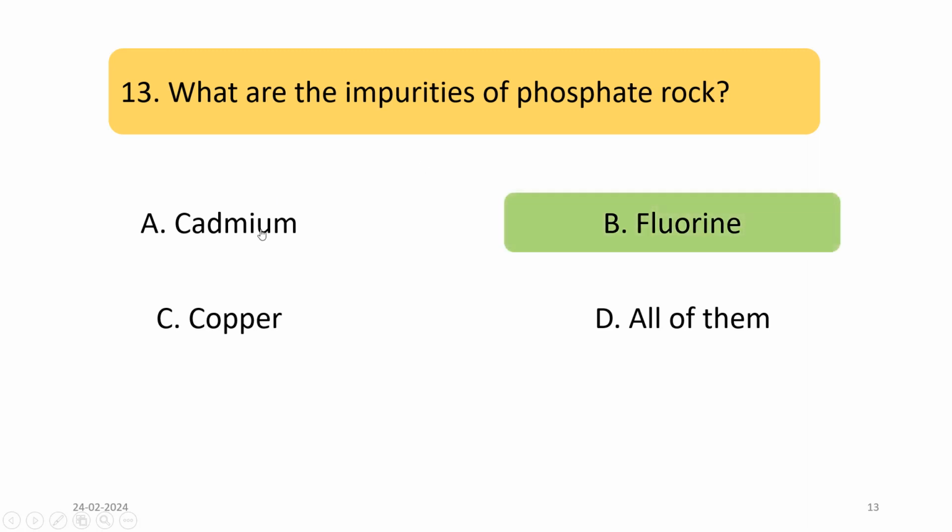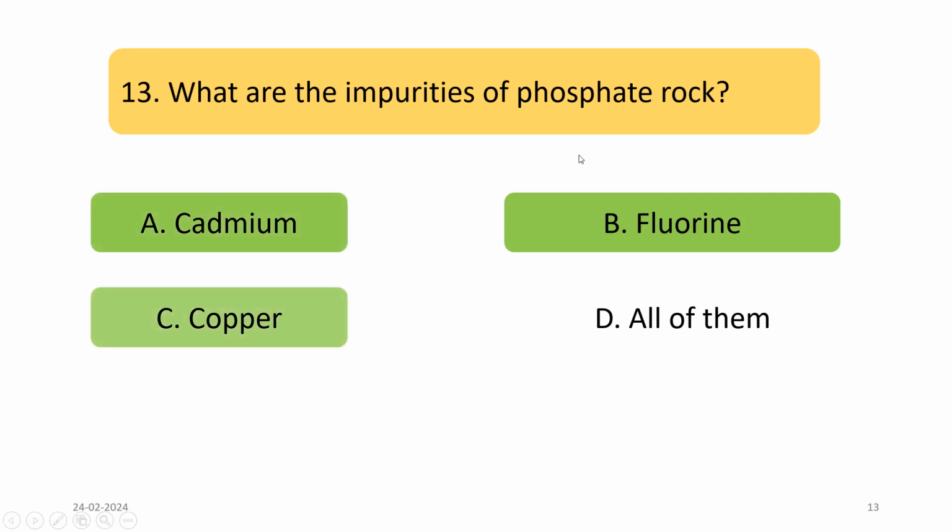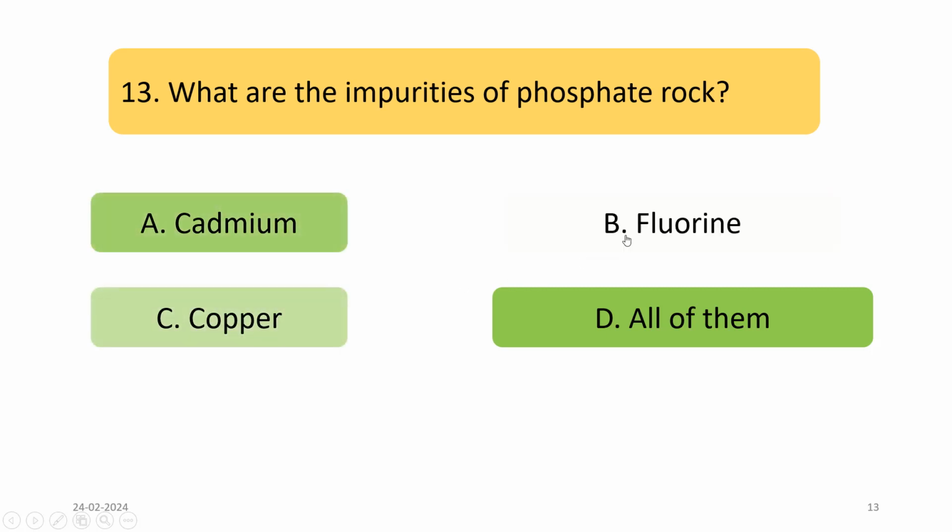Yes. Anything else? So here all of them are impurities of phosphate rock. If you give one or two answers, you will get partial marks. But if you mention all of them, then you will be given full marks. So here the answer will be all of them. Okay.